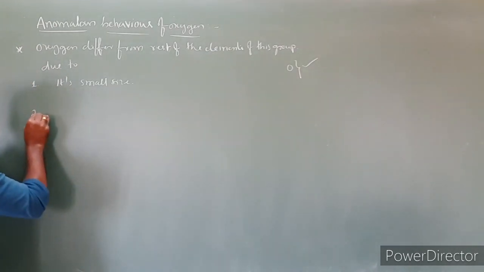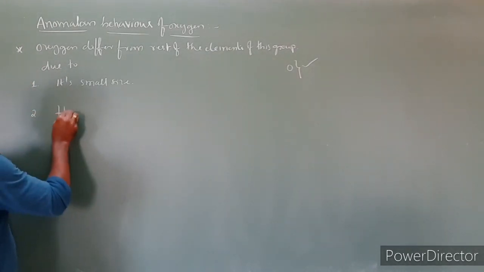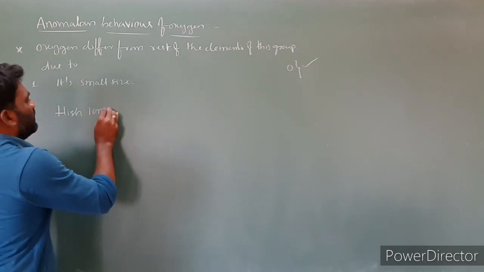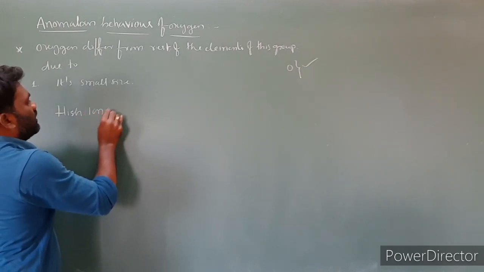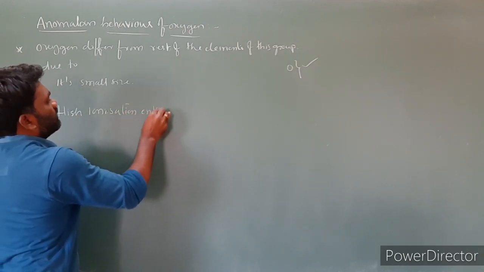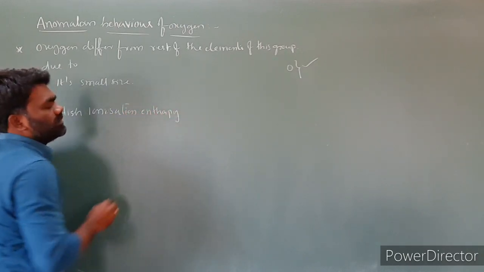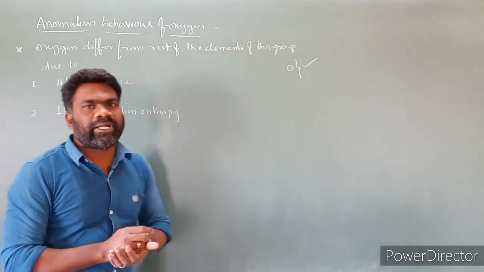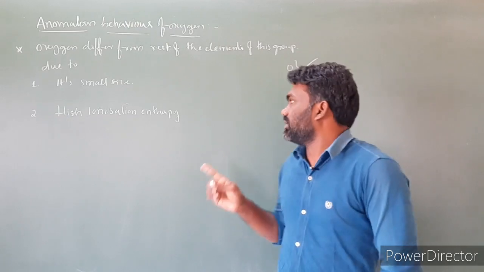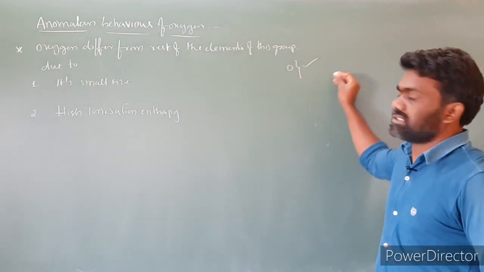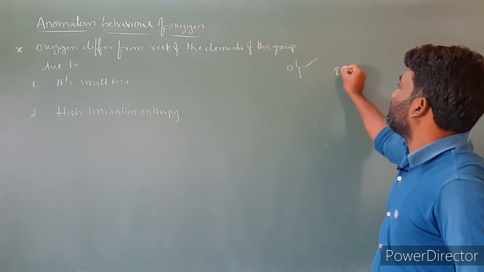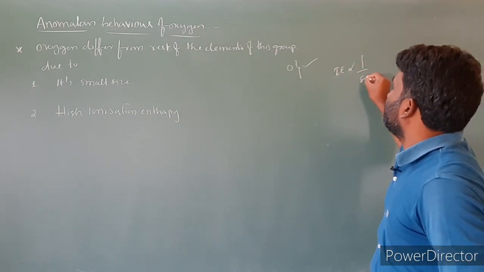The next one, the second reason, is high ionization enthalpy. While moving from top to bottom, ionization enthalpies decrease. We already know very well that ionization enthalpy depends upon atomic size; ionization energy is inversely proportional to size.